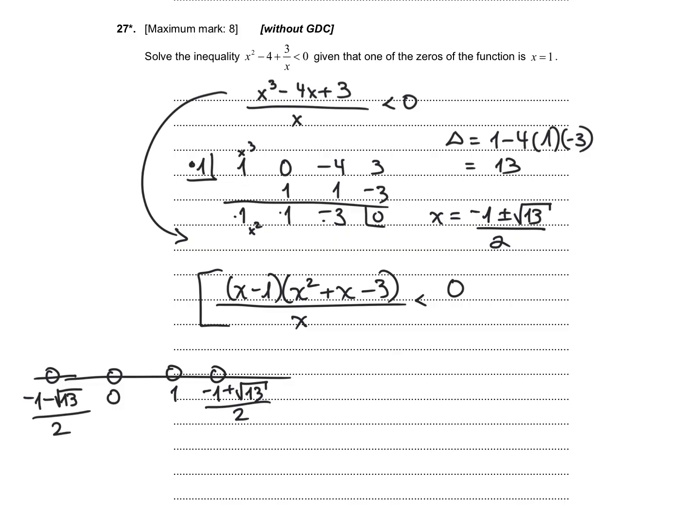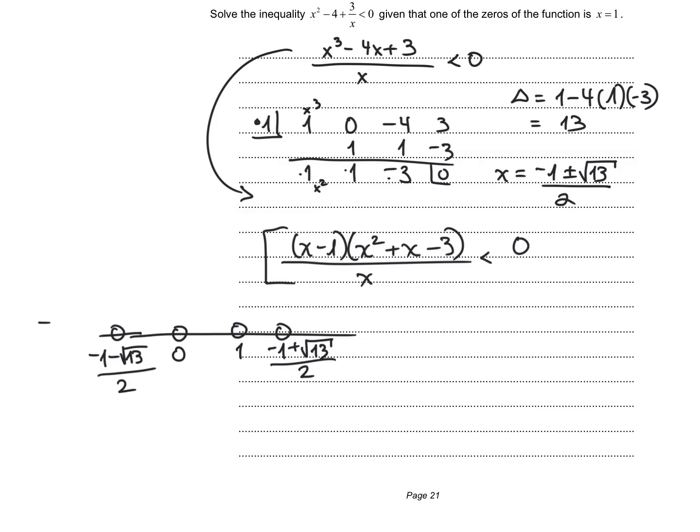And then we need to check these. So I'm going to do like negative 5, okay? And then negative 1, and then 1/2 here. And then, so maybe 1.1 here, and then we can do 5 on this side. Okay, so those need to go back into this thing to see whether it's positive or negative.